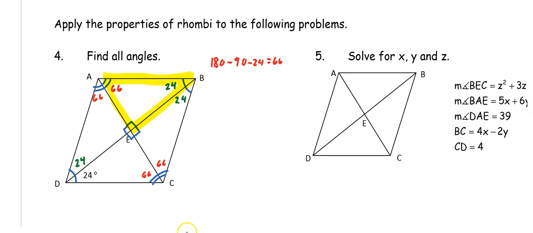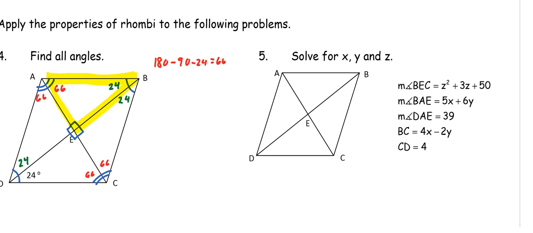So number 5, we're going to solve for x, y, and z. So they told us that angle BEC, where E is our vertex, is z squared plus 3z plus 50.